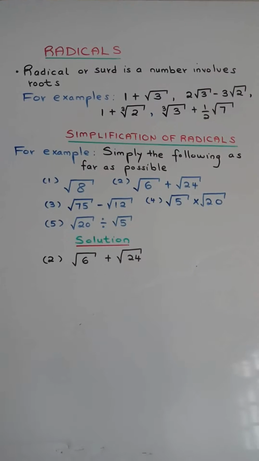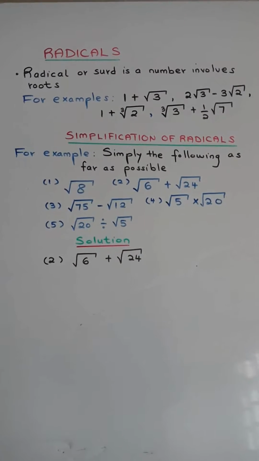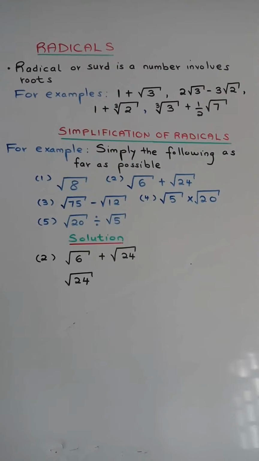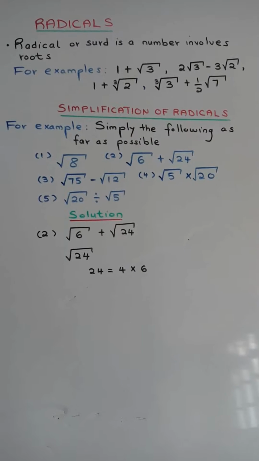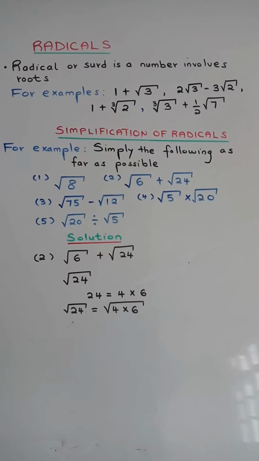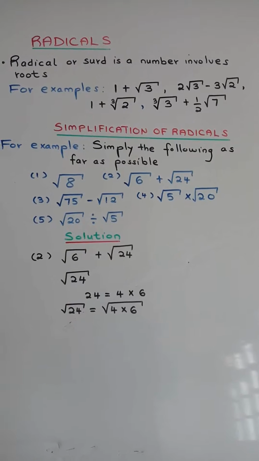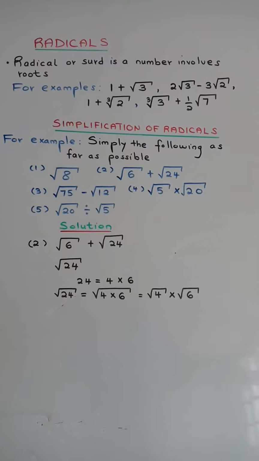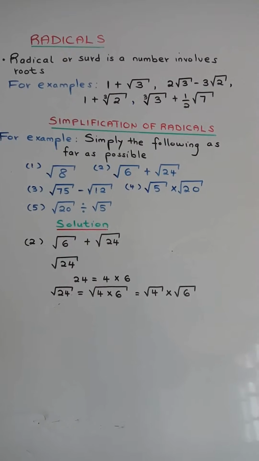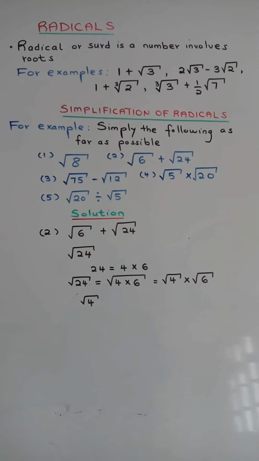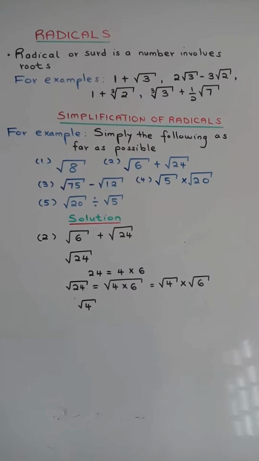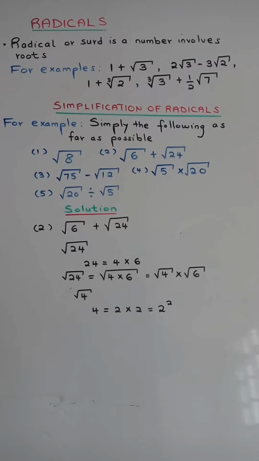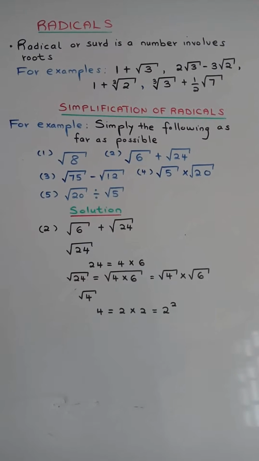Number 2, radical 6 plus radical 24. Consider radical 24. 24 is equal to 4 times 6. Radical 24 is equal to radical 4 times 6, which is equal to radical 4 times radical 6. Consider radical 4. 4 is equal to 2 times 2, which is equal to 2 squared.